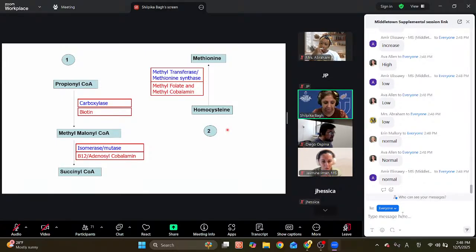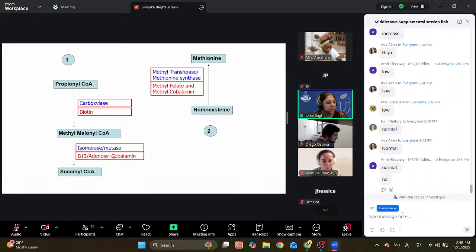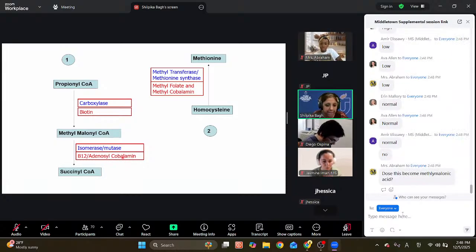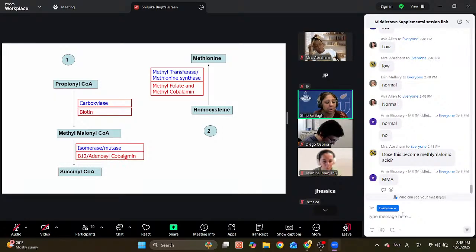Secondly, lastly, students are confused between MMA1 versus MMA2. What is MMA1? Is adenosylcobalamin defective in MMA1? So what will accumulate in MMA1? MMA, homocysteine, or only MMA? Only MMA. What is MMA2?